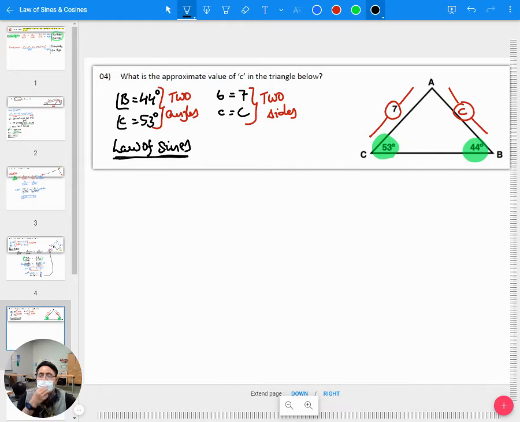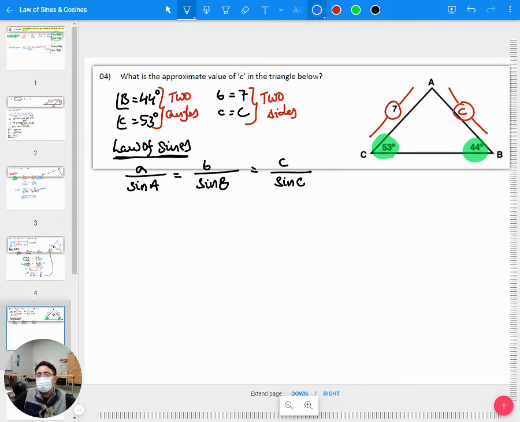So let me write quickly what the law of sines is. A over sine A equals B over sine B equals C over sine C.